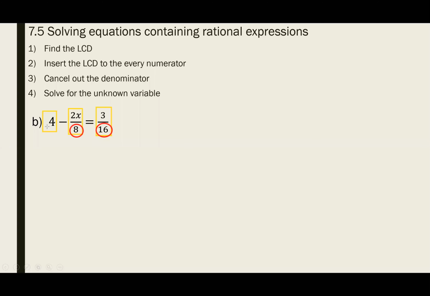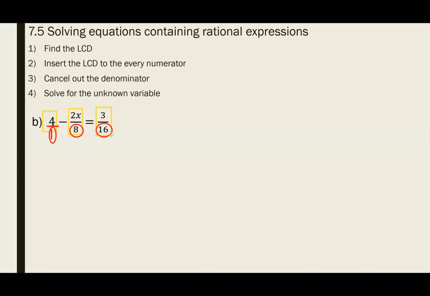And again, technically there is 3, but because this one is a 1, we don't really care about a 1, because anything times 1 is just itself. So everybody see that my denominators are 8 and 16, right?